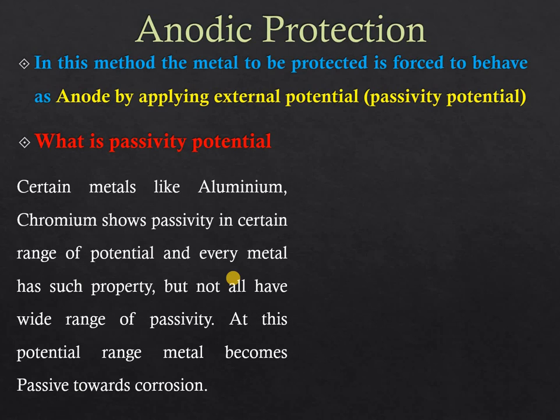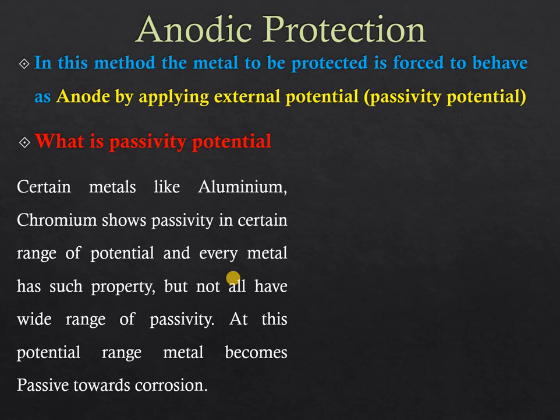So this anodic protection is applied to the metal which has a broad range of passivity potential, and in this potential range the metal becomes passive towards corrosion.